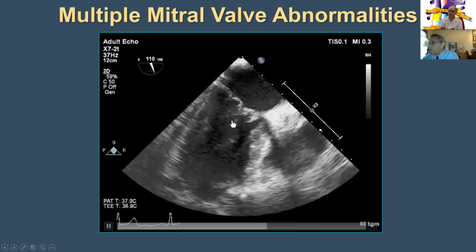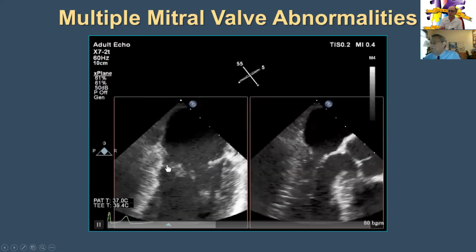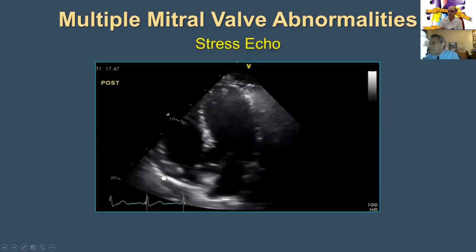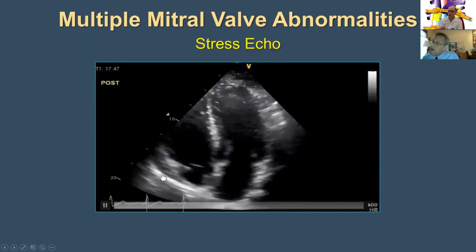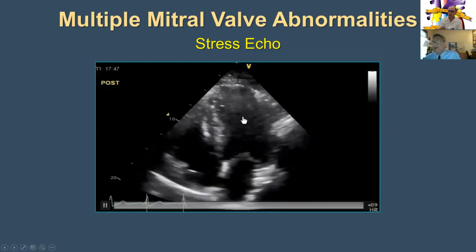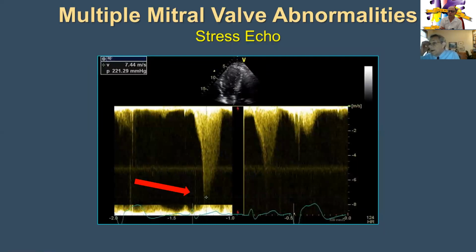In the next view, we see that the patient actually had bileaflet prolapse. The patient underwent a stress echocardiogram and had severe systolic anterior motion, but again, notice there's no septal hypertrophy. The gradient went to 221 millimeters of mercury.